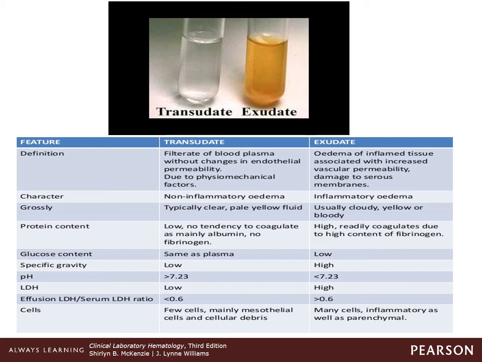The specimen typically looks clear or very pale yellow, and usually there are very few cells. Exudates are usually due to some kind of inflammatory process where their specimens usually look cloudy, yellow, or bloody. In these instances, you have very many cells, and the joints or spaces are also very inflamed.